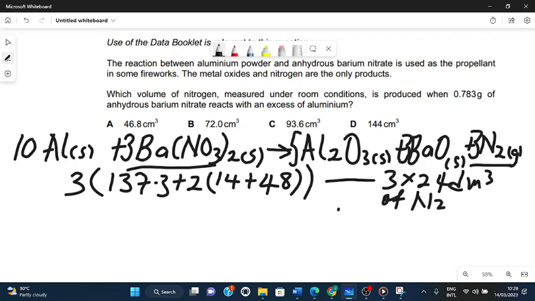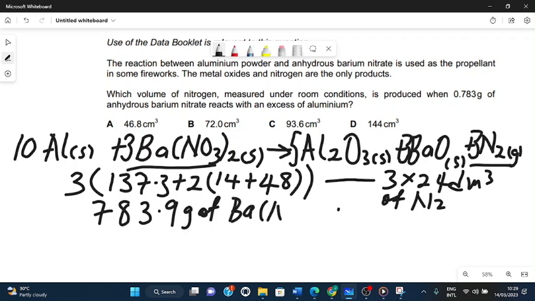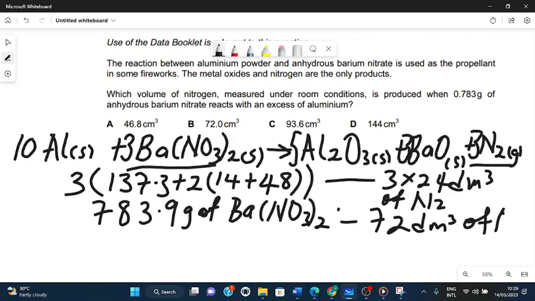So it's equal to 783.9 grams of barium nitrate, which generates what? 72 dm³ of nitrogen.